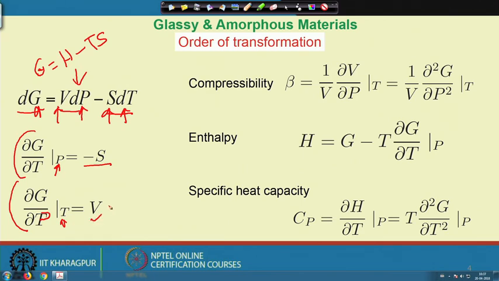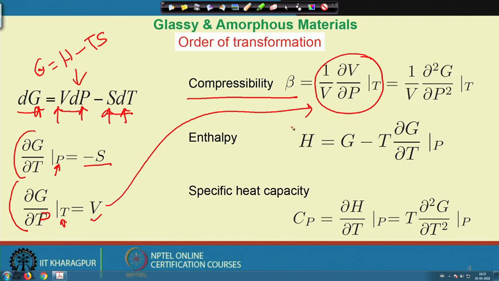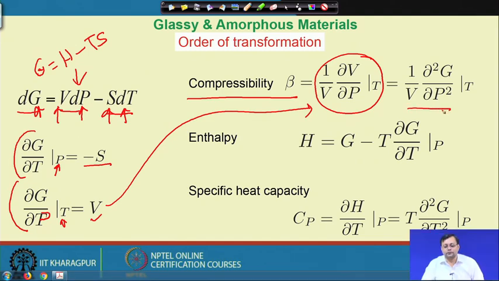And now, let us take one of the parameters called compressibility, beta, which equals 1 by V into dV by dP at constant temperature. If I simply put it here, then I get a second order derivative. So, this is the first order derivative and this is the second order derivative at constant temperature.